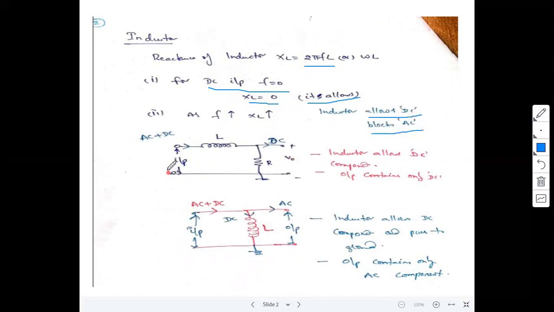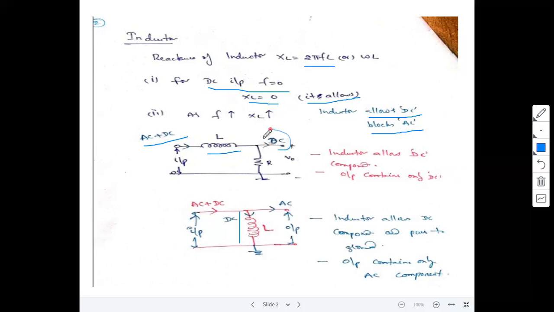Similar to the capacitor, the way of connection is also important. Here it is a series connection. Here it is a parallel connection. Now the input consists of AC component plus DC component. In the series case, the inductor allows only the DC component.